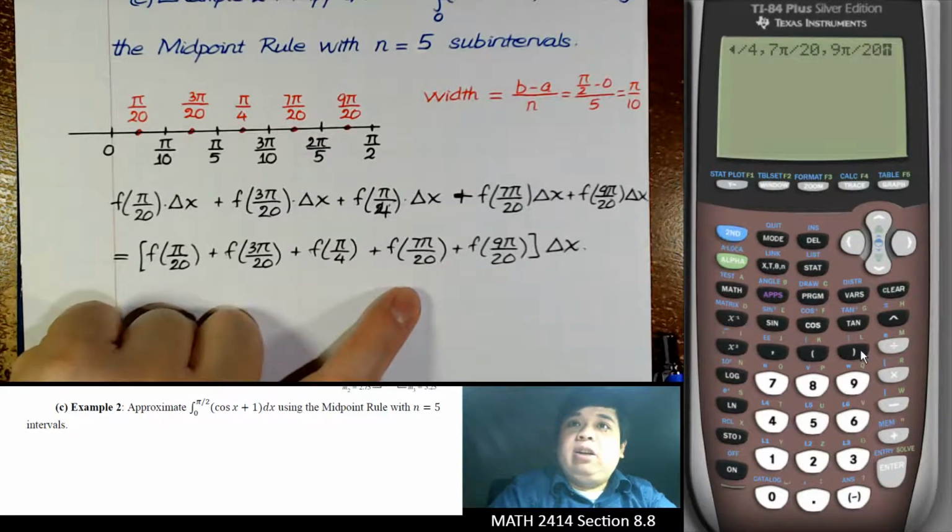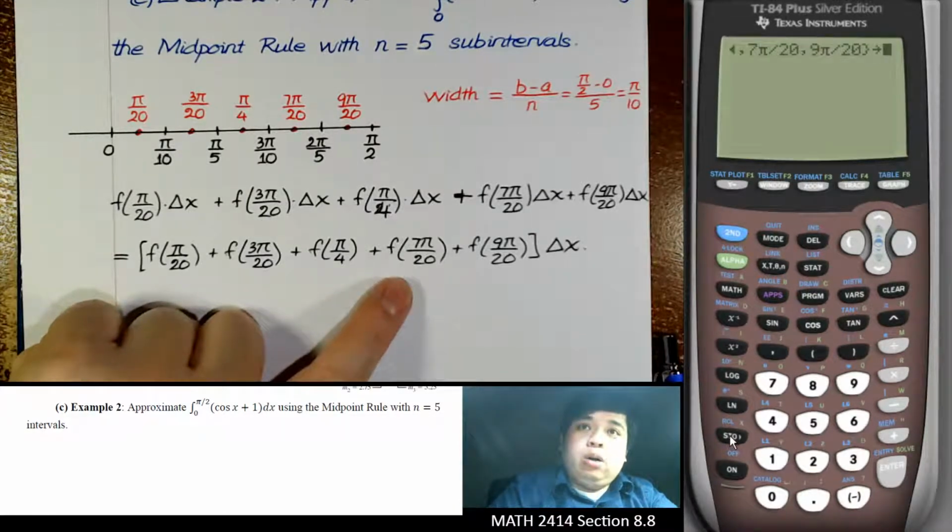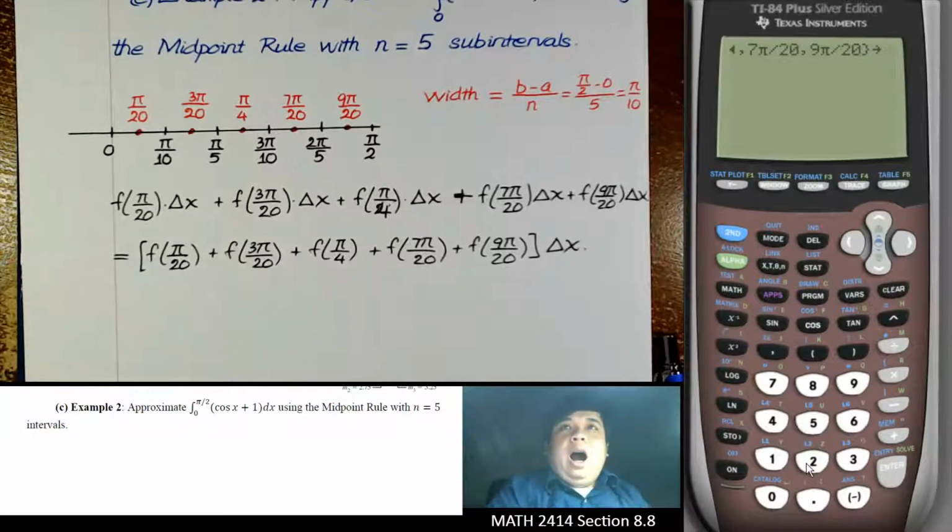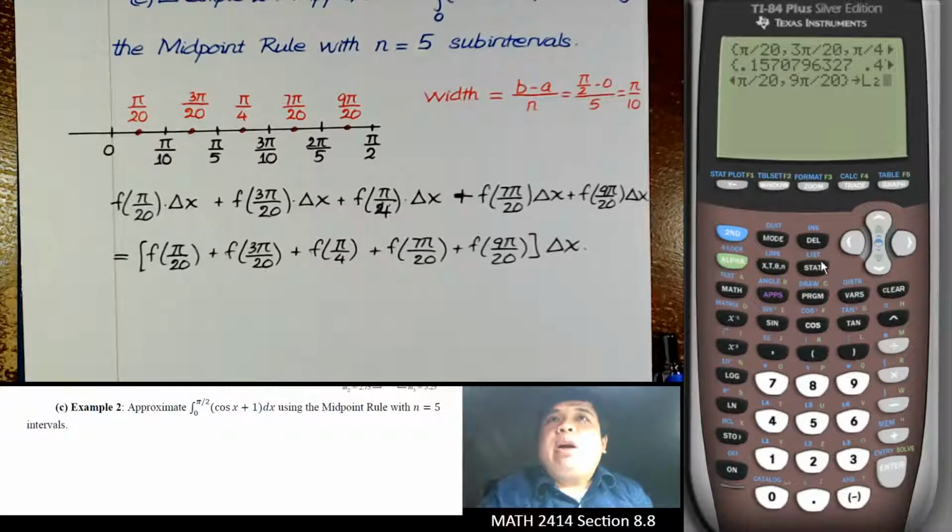And we have everything, right? And then store. Second, we store those points in list 1. If we want to, we can store it in list 2. So second, number 2. So we store everything to list 2, right? Hope I entered that correctly. Right, it's good. So enter everything into list 2, not list 1.